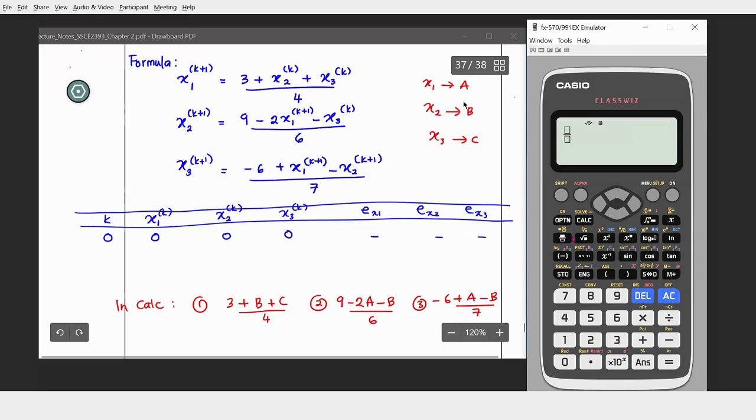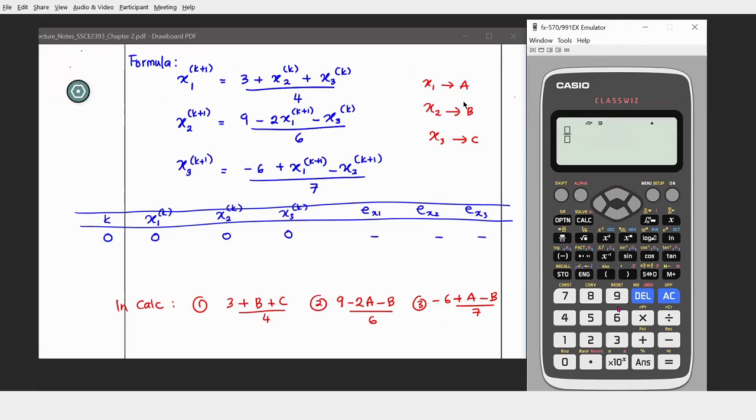So the first one, we have 3 plus alpha B minus alpha C over 4. Press equal. Then press AC. So it is already stored in your calculator.